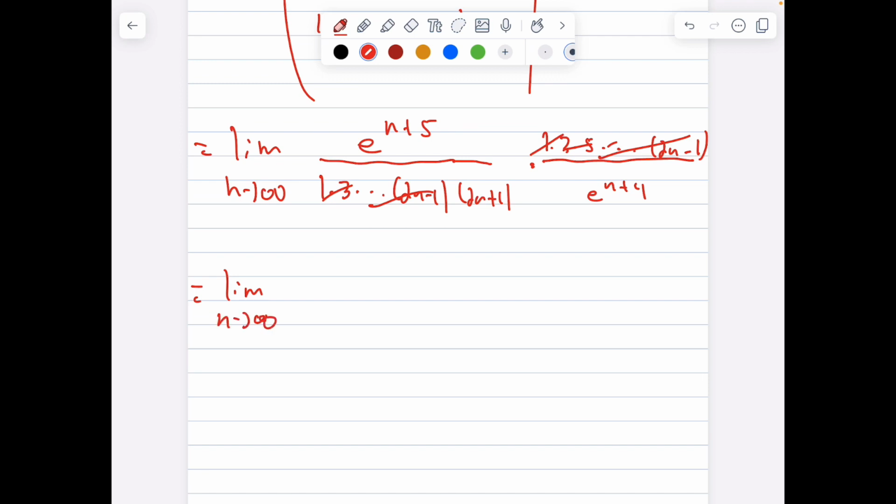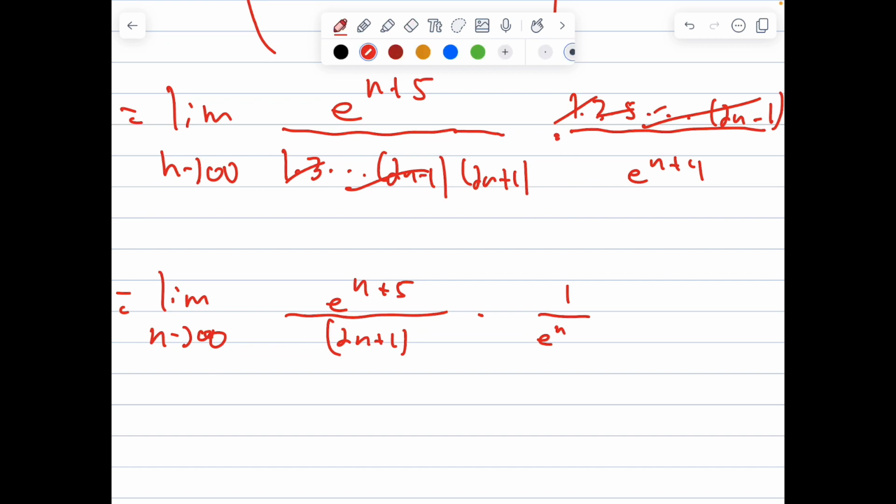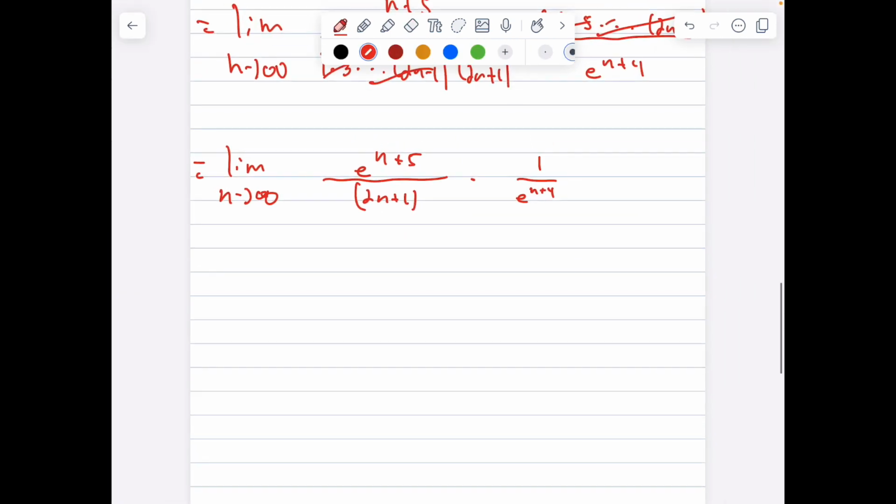Let me write what we have so far. Another thing that would cancel is the e to the n in both e to the n plus 5 and e to the n plus 4. More specifically, e to the n plus 5 is like saying e to the n times e to the 5, and e to the n plus 4 is like saying e to the n times e to the 4.